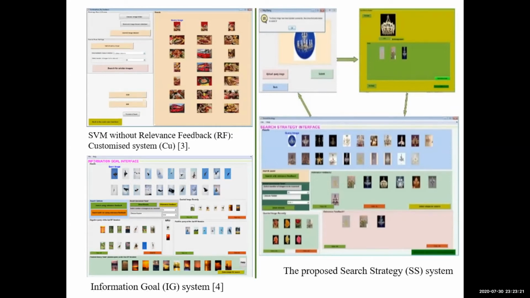This is in order to measure the relevance and utility values to the user, and which system they find more useful in terms of utility. As we can see at the right-hand side is our proposed system, which we call the search strategy system. The system has three windows.